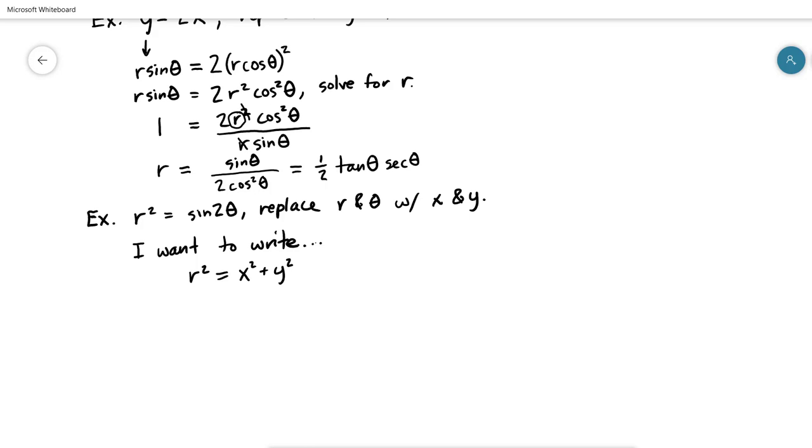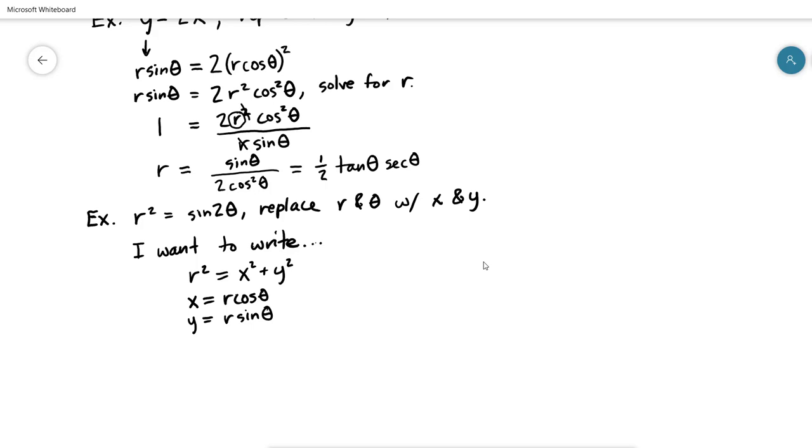And I also want to deal with these ones. So for example, seeing a sine of 2 theta doesn't necessarily do me much good, but if I had an r sitting in front of it, that makes life a lot better, because I would have something that looks like r followed by a trig function. It would look more like the one I'm about to write right here, r sine of theta. So these are the ones that I really want to use.